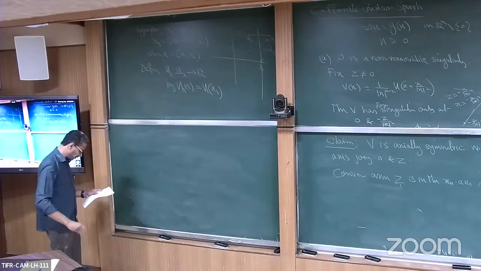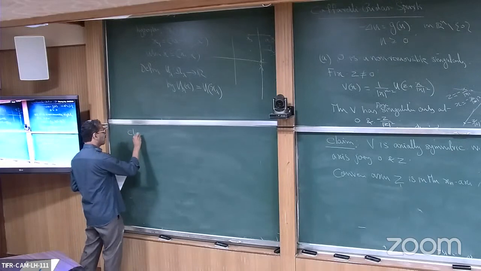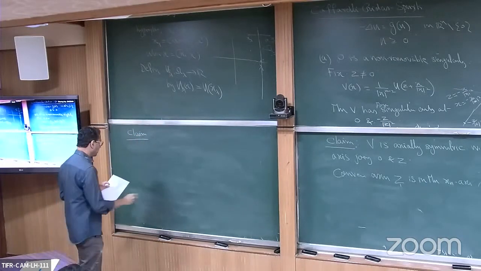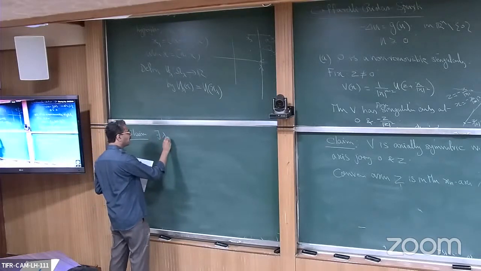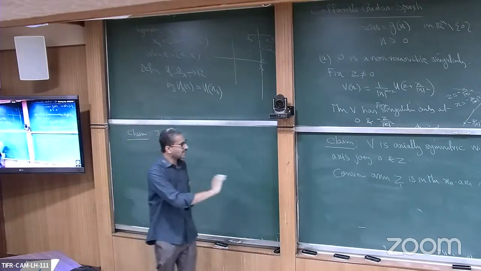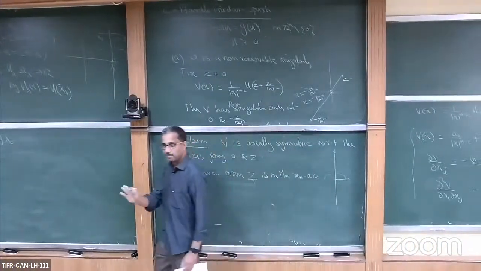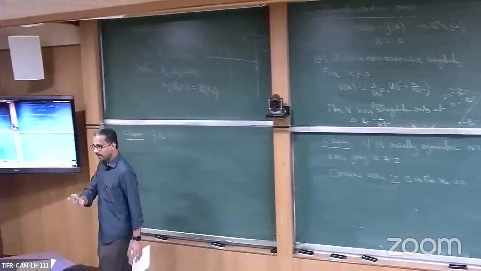Yeah. So the claim is: there exists a lambda naught, and my notations are as before. Earlier I defined omega lambda, u lambda, and u is replaced by v, that's all.